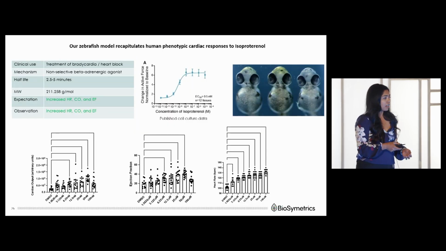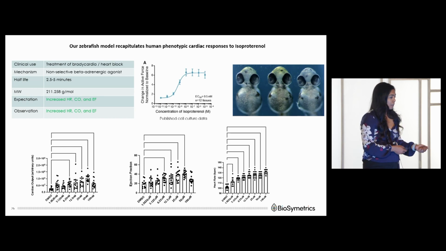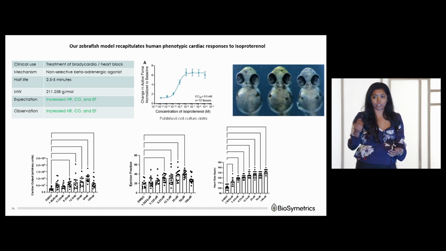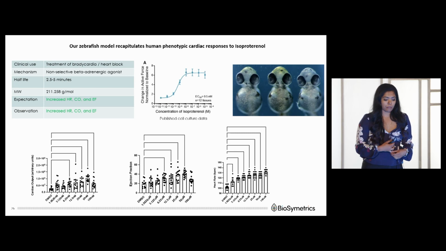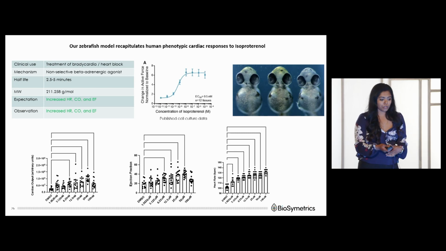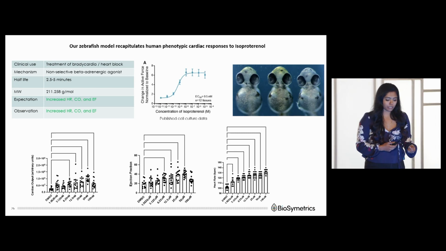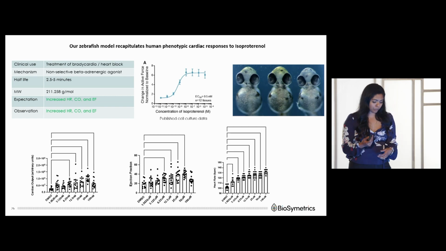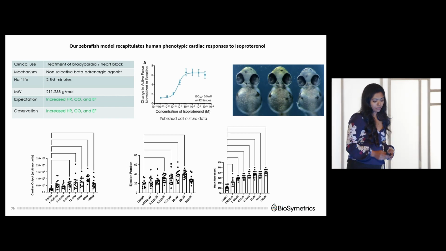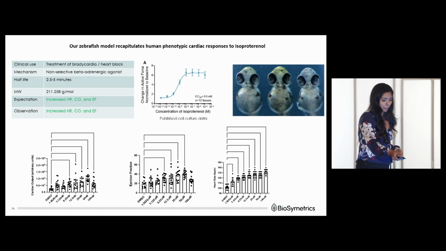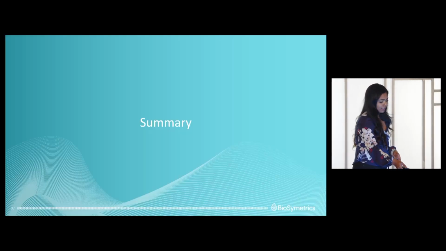And because we did a decreasing cardiac output or heart rate, we also wanted to see if the increasing is also a trend that follows. So here we see that there's an increasing dose, increasing concentration. We're able to see that the expected output was increased heart rate, cardiac output, and ejection fraction, and that is exactly what happens here. And there's a nice video for you.